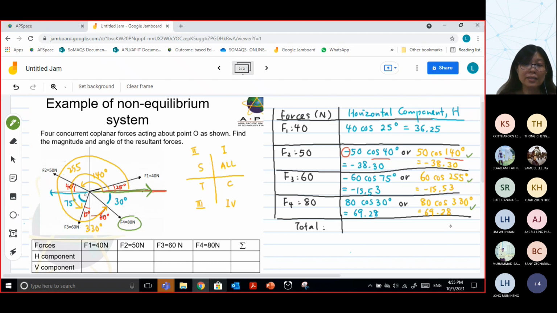Get it? So for the next step, you need to find the total horizontal component. Let's total up. Please take note that when you total up, the sum is negative, so you need to subtract them.